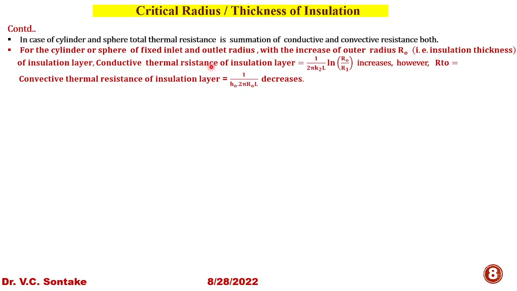the conductive thermal resistance of the insulation layer, given by 1 over 2 pi k2 L log of ro by r1, increases, because as the ro increases, this term will increase, and in turn the conductive thermal resistance will increase. Whereas the convective thermal resistance of the insulation layer RTo, given by the expression 1 over ho 2 pi ro L, will decrease, because as the ro increases, the denominator will increase, and in turn the RTo will decrease.